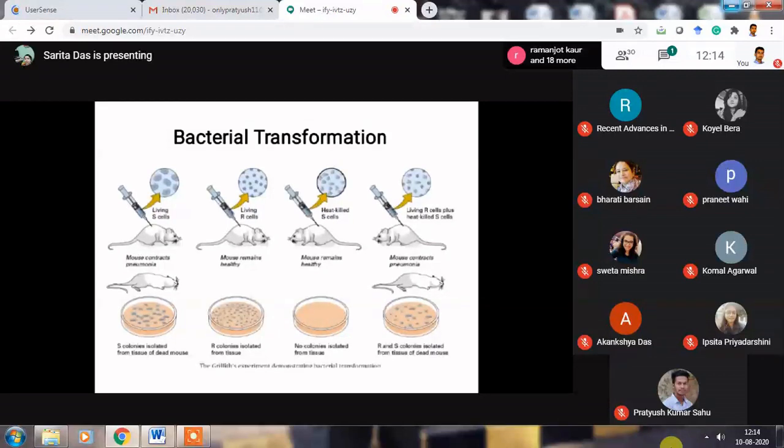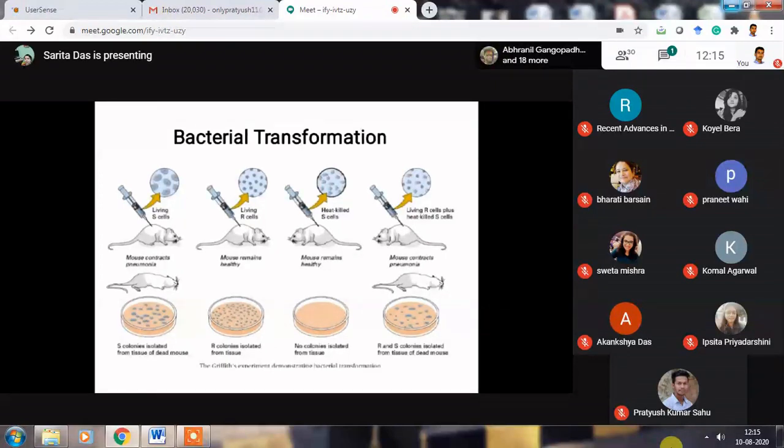This was done by Frederick Griffith in 1928. He conducted a set of experiments on Streptococcus pneumoniae, which causes pneumonia. There were two strains.